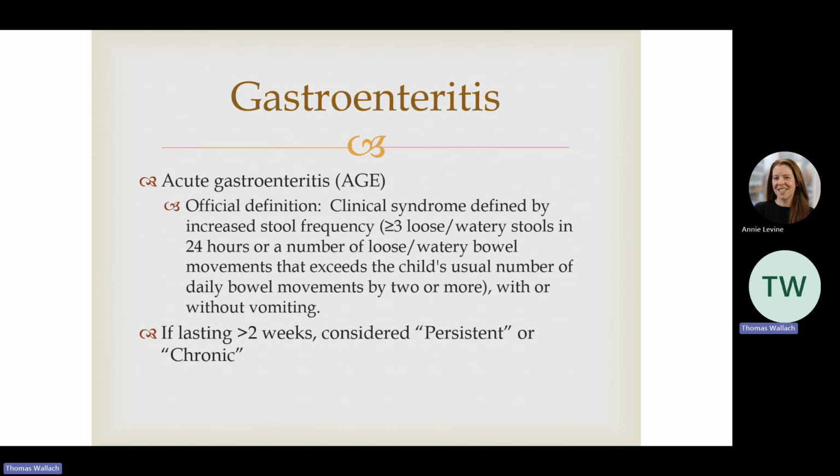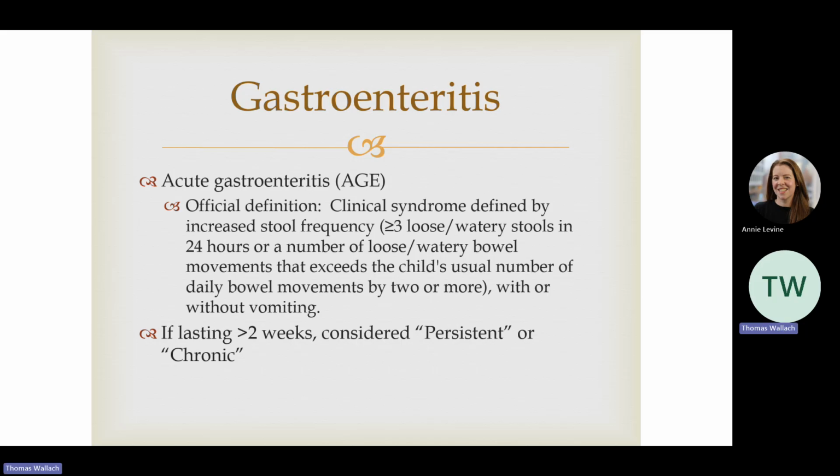So acute gastroenteritis, official definition, 2 or more stools over what is regular. All right, so this is what the difference is. Diarrhea is a description of stool consistency. Gastroenteritis is a description of having frequent stools and a texture change. Those are different things.